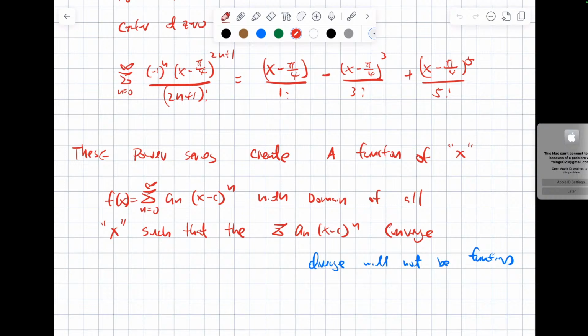If your domain does not converge, it cannot represent the function. The power series can represent the function only if the series converges. If a series diverges, it cannot represent the function. That's a very, very important statement for power series, and we're going to come back to it and talk a lot about it.